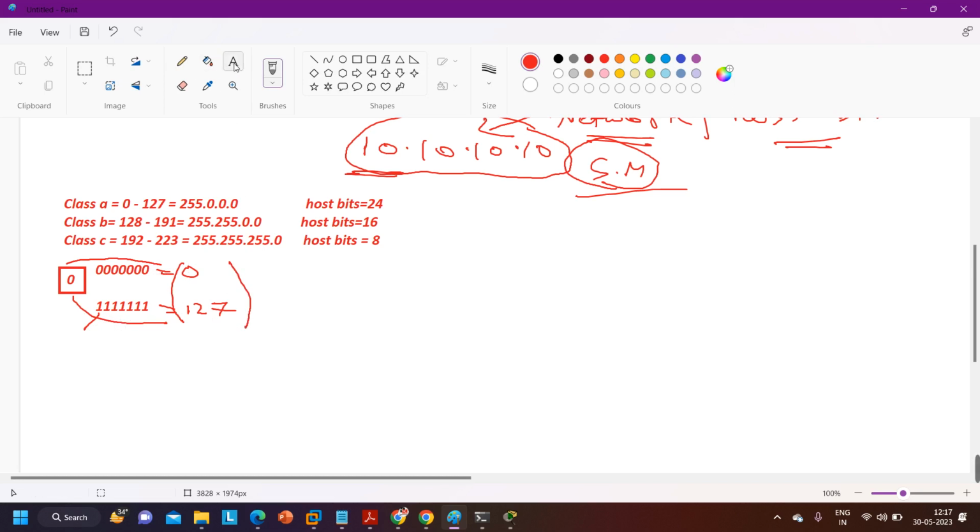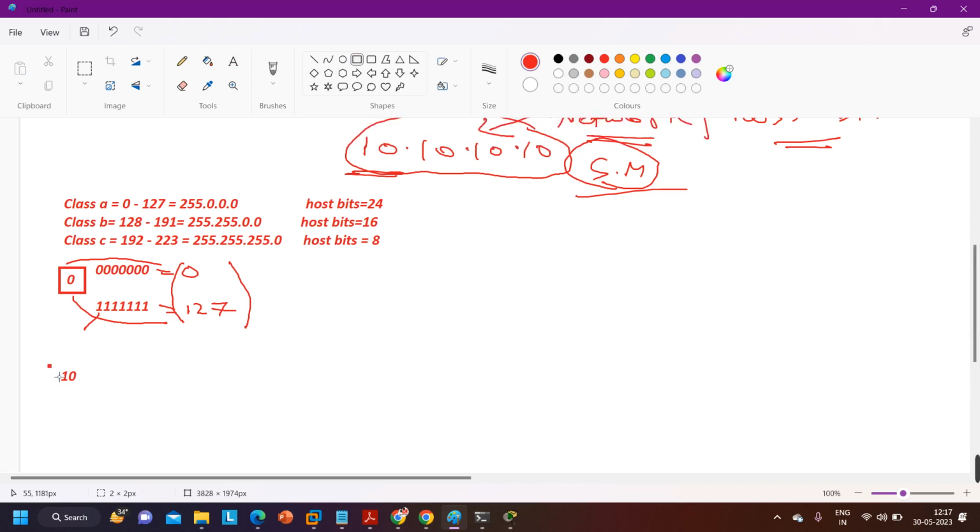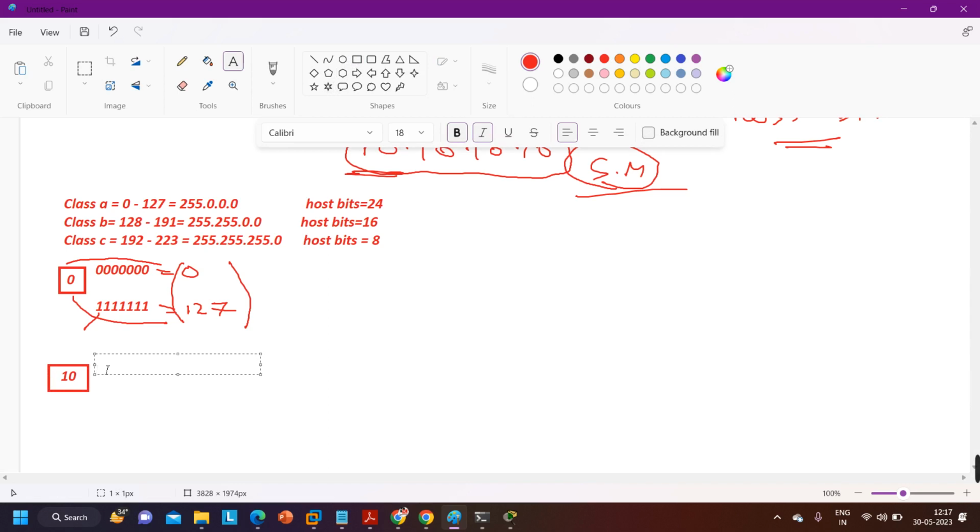Class A. In the same way for class B, we have reserved 2 bits. The first bit will always be 1 and the second bit will always be 0. Now how many free bits are there? 6, because out of 8 bits we have reserved 2 bits.